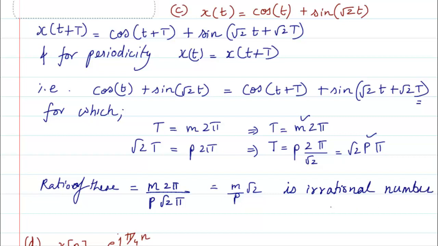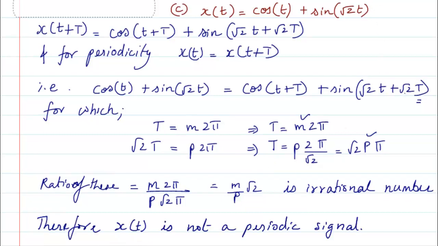Why is it an irrational number? Because here p and m both are integers, it's not an issue, but root 2 is an irrational number. Therefore, the ratio is going to be irrational. Therefore, this signal is not a periodic signal.